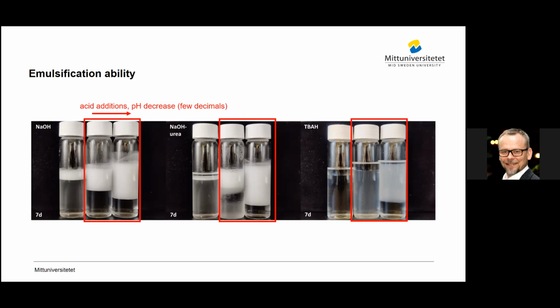The same goes with the sodium hydroxide urea, but in the middle test tube here, you also see that you can end up with some aggregates of cellulose. If you do it in TBAH, you really don't see that much. Actually, in the test tube to the right, you're not really having a real creaming layer. You also have oil on top.